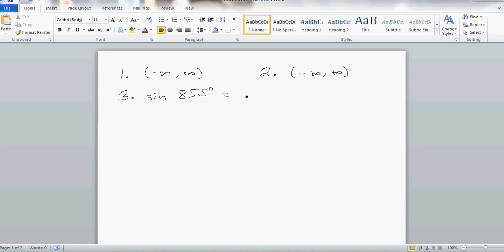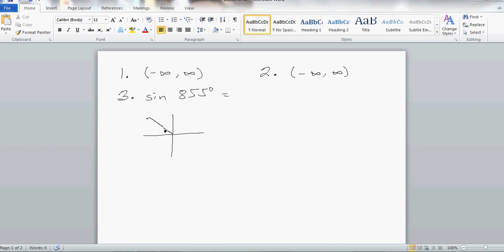If we look at 855 degrees, one trip around would be 360. The second trip would make a total of 720, and so that leaves only 135 left, which puts us over here. So this becomes the angle 135 degrees that we needed to have left.